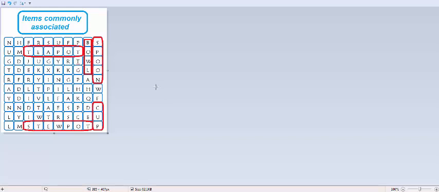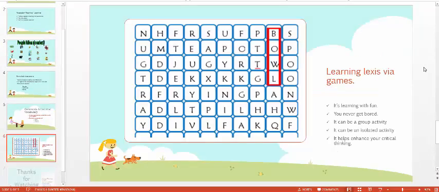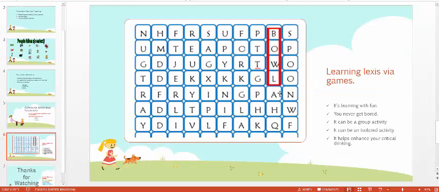Now you can go on and find many other vocabulary that are associated with each other. Just think of some vocabulary that are used in the kitchen, then you can find those vocabulary here in this list. All right. So this type of learning is known as learning via games. Through games you can learn many vocabulary items.